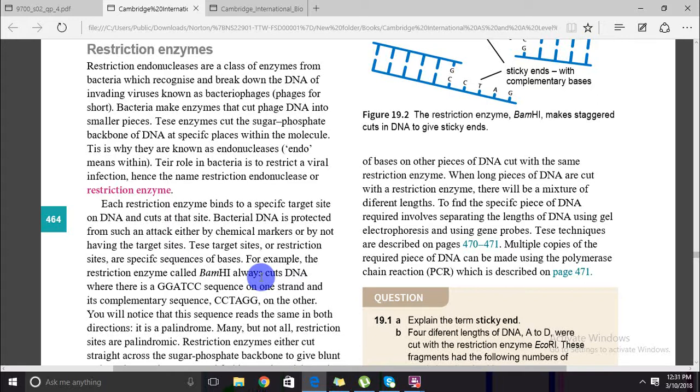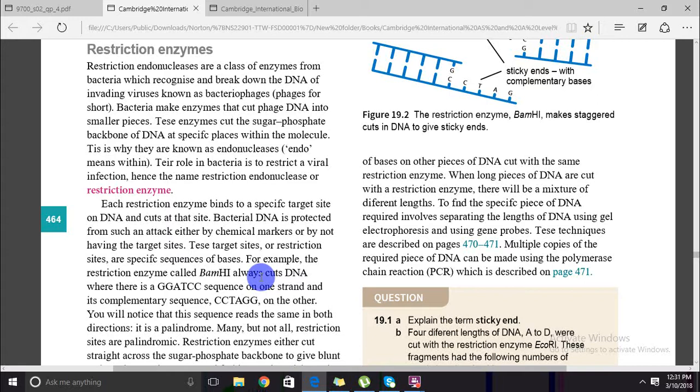But if we were to use a restriction enzyme, chances are that the chromosome will have numerous restriction sites, and not only the ones that correspond to the length of DNA that we want. So the result is that we will get a mixture of different lengths.